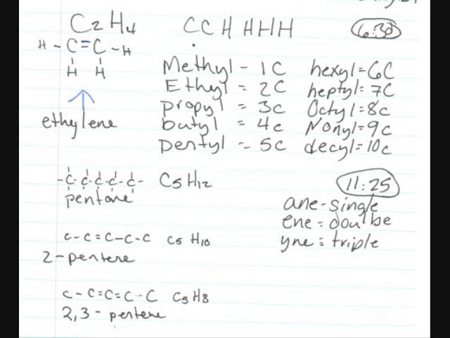So this is a double bond. That means it's going to be ethyl, E. In some ways, this is easier than naming ionic and covalent bonds. Okay with that?